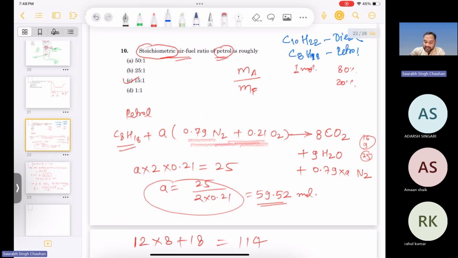But this C8H18 can have various arrangements. What do you call them? Isomers, right? And depending on the structure, how these carbon atoms or any other atoms are combined together, depending on the type of bond and the structure, the chemical reaction will be different, right?